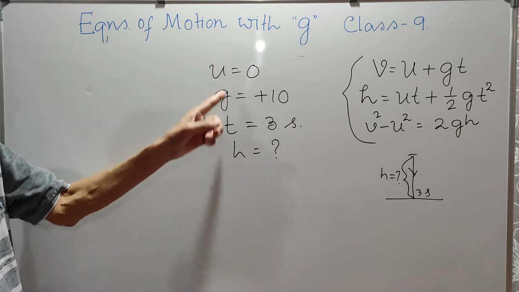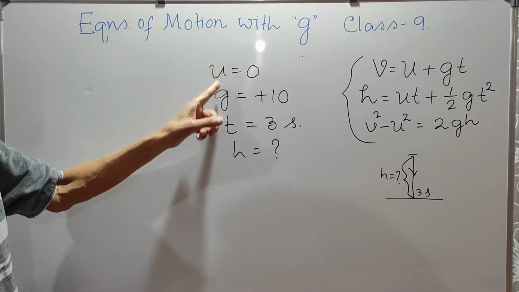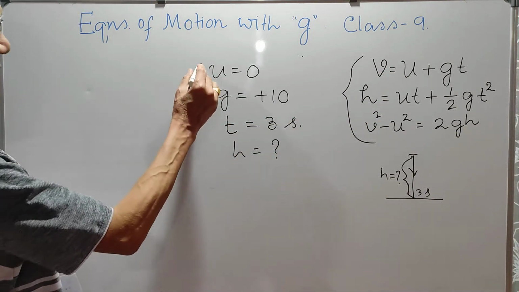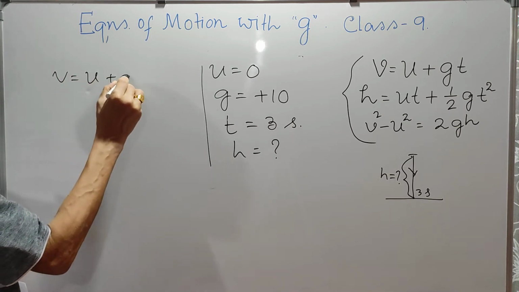Again you see these four things: u, g, t are known, only h is unknown. So which formula, which equation will we use? The first equation, isn't it? So again let us see the first equation, v equal to u plus gt.